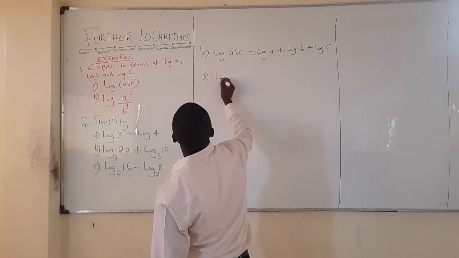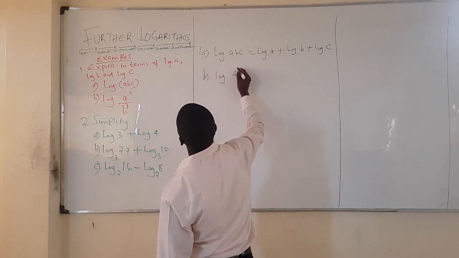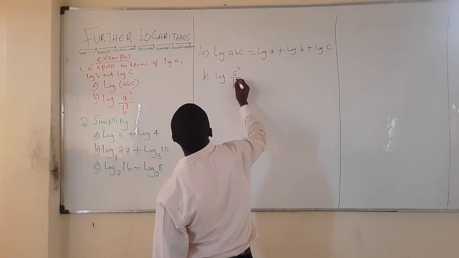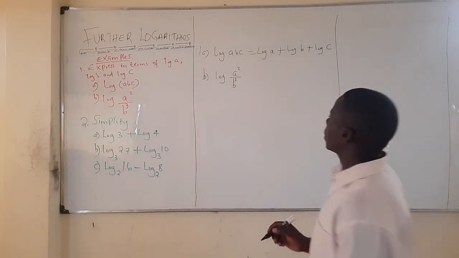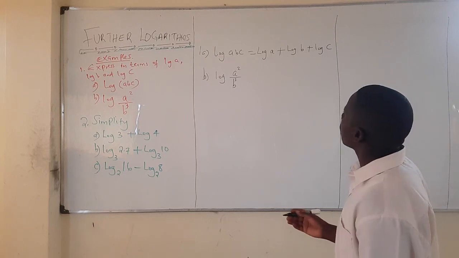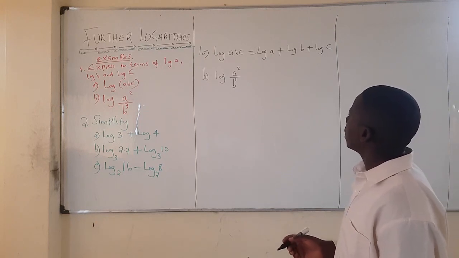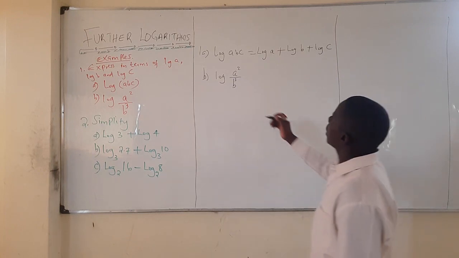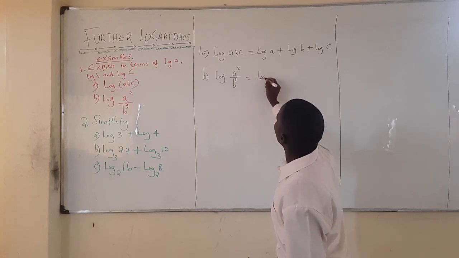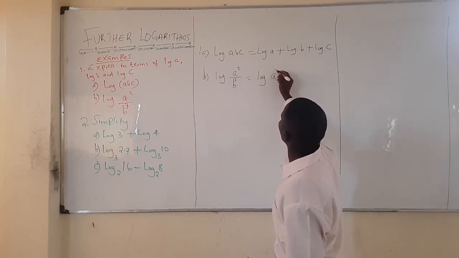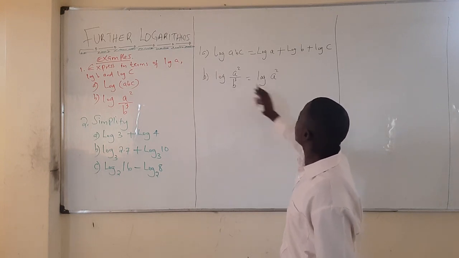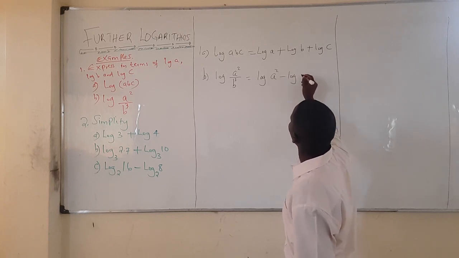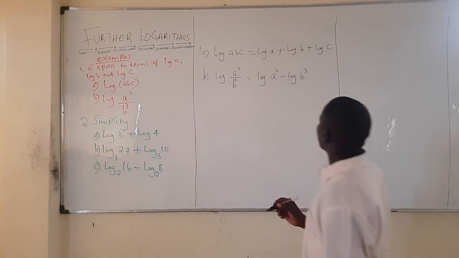I've got the log of a squared divided by b cubed. In this case, we are testing the second rule and the third rule at the same time, because we have the power rule and of course the quotient rule. So the first thing here, you can first have the log of a squared, using the quotient rule, then minus the log of b cubed.